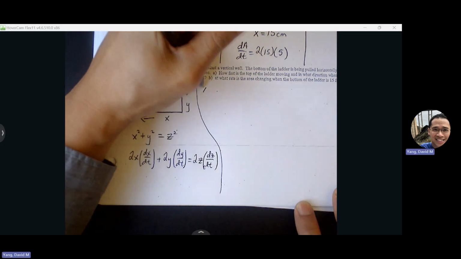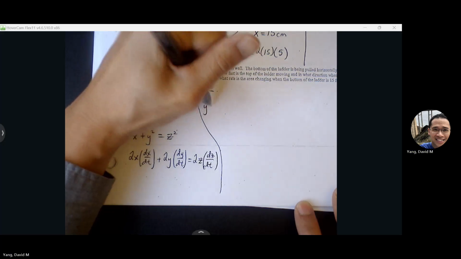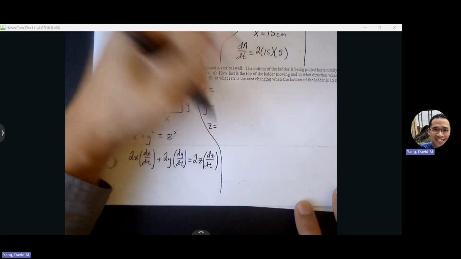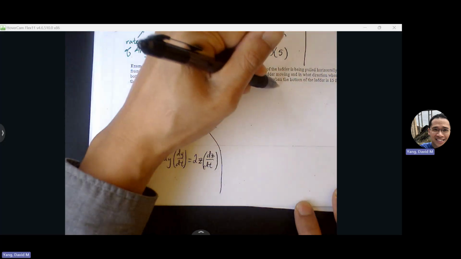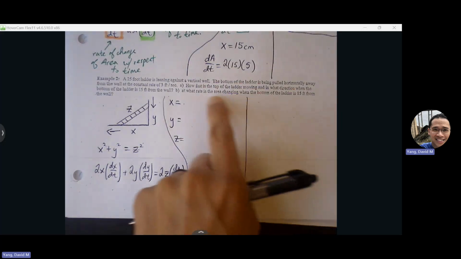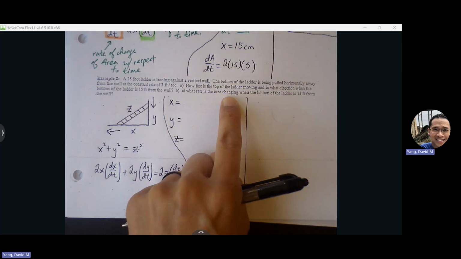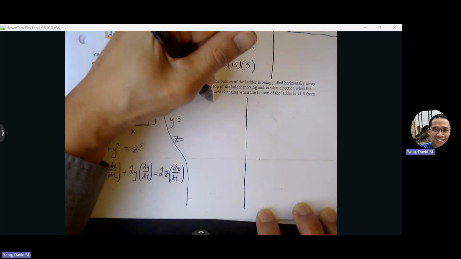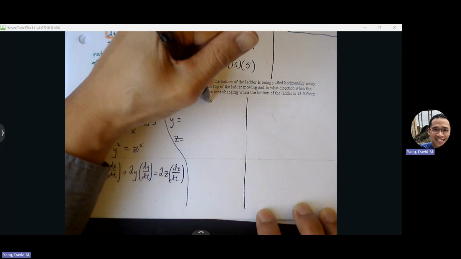Let's just identify each of the 6 variables. If you can save a little bit of room on the right side here, there's going to be a part B that's going to be asking about the rate of change of area. So just see if you can save some room there.